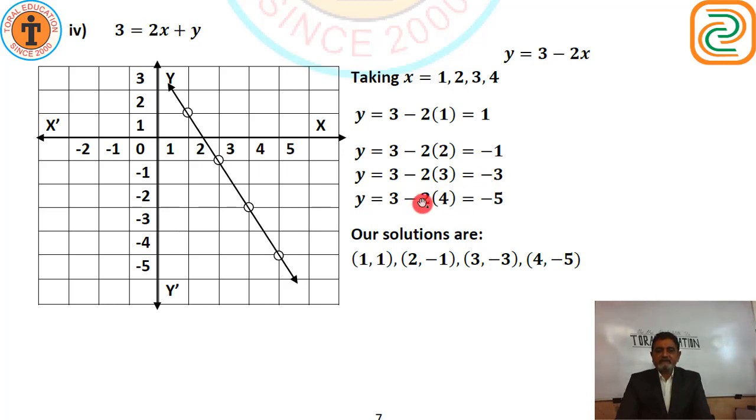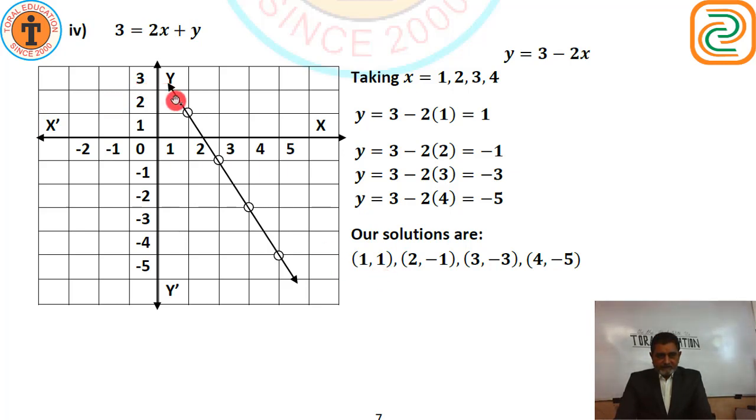And 3 minus 8 is minus 5. So our points, the solutions, are 1, 1; 2, minus 1; 3, minus 3; 4, minus 5. Abscissa and ordinates.